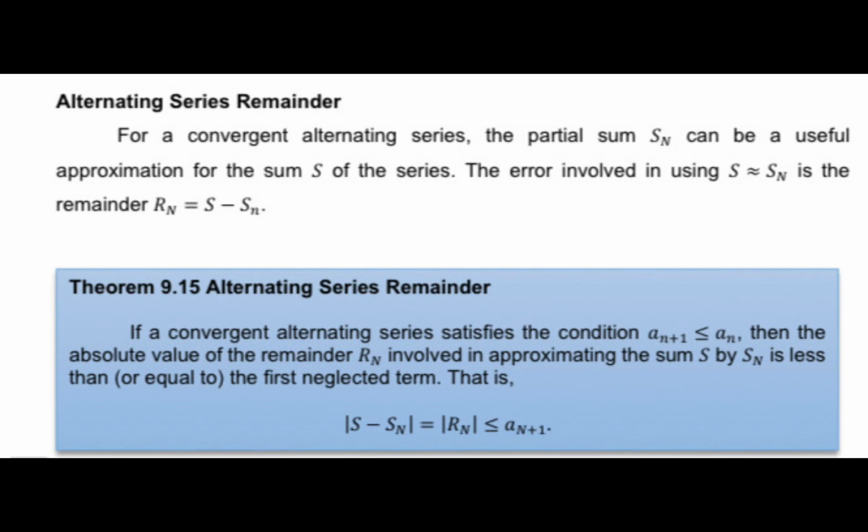That is, the absolute value of S minus S sub n, which equals the absolute value of R sub n, is less than or equal to a sub n+1. So this theorem of the alternating series remainder is useful when the second condition of the alternating series is satisfied.